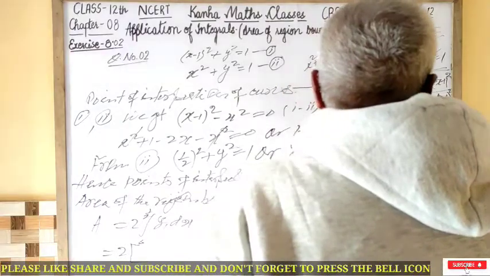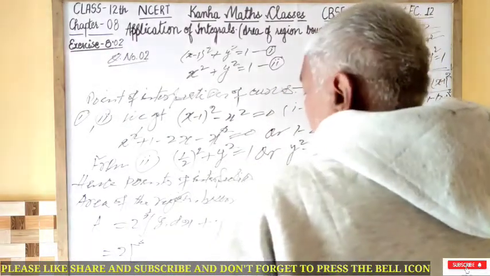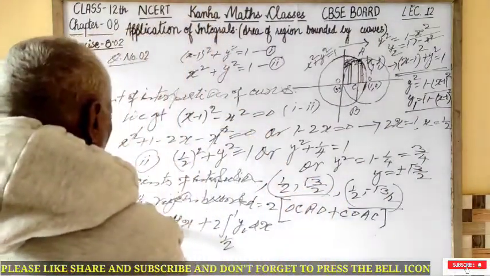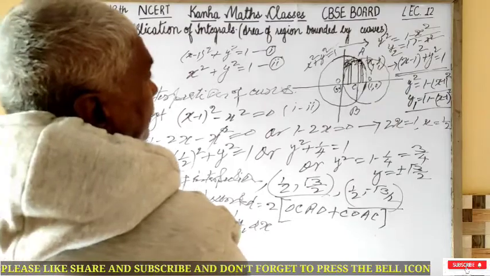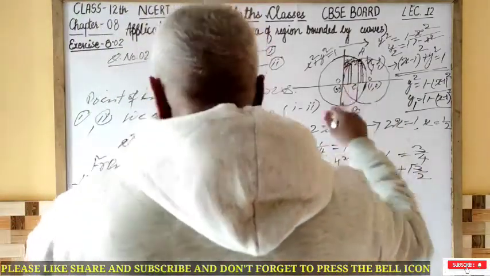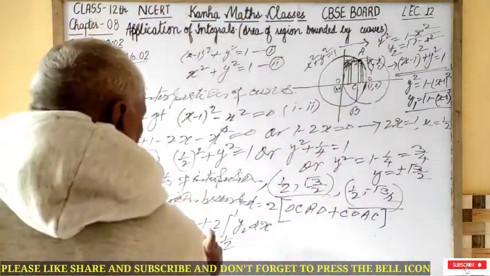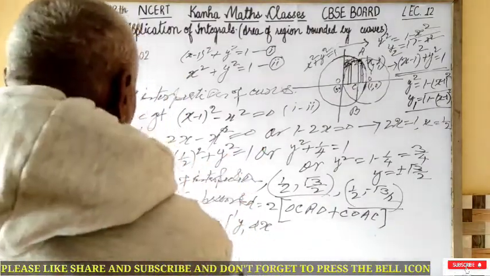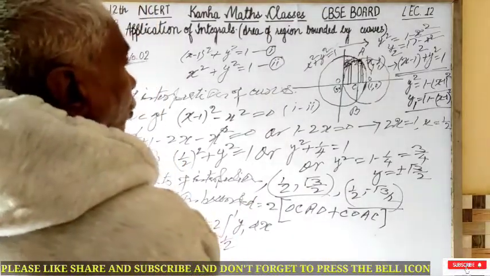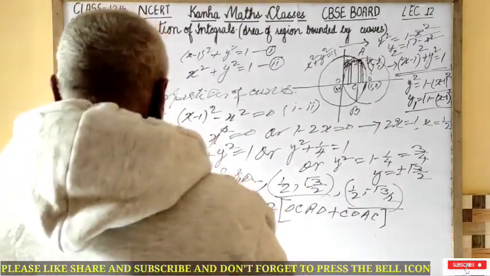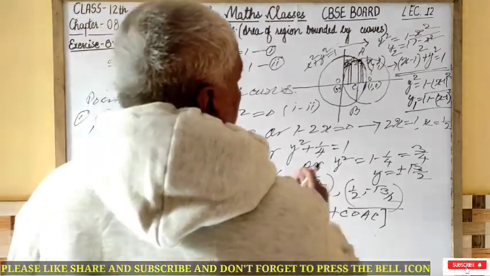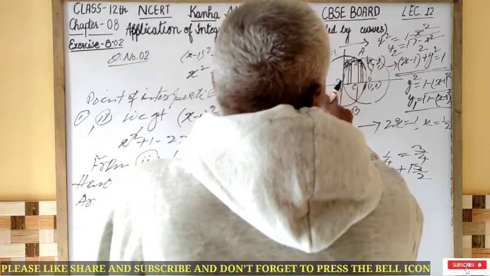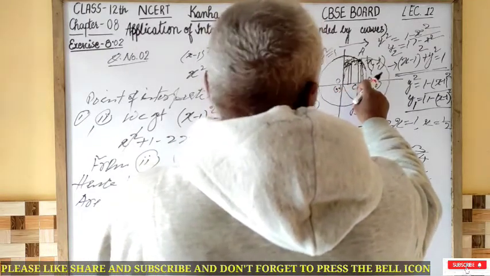Then this will be equal to y2 dx, and this will be equal to y1 dx according to limit, whose lower limit is 0 and upper limit is 1 by 2.